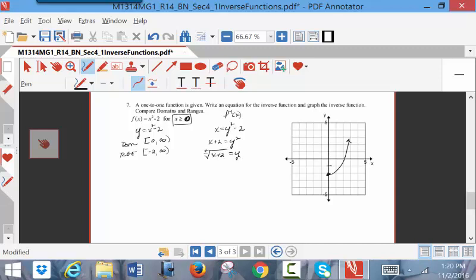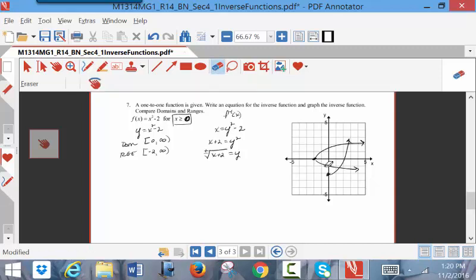Okay, the square root of x, we know what it looks like. The square root of x minus 2 means you move to the left 2 units. So you'd be over here looking something like this, right? Now if it's plus-minus, I get the top and the bottom of the graph. But that doesn't work. Do I keep the top half or the bottom half of this graph to be a reflection? It's the top half.